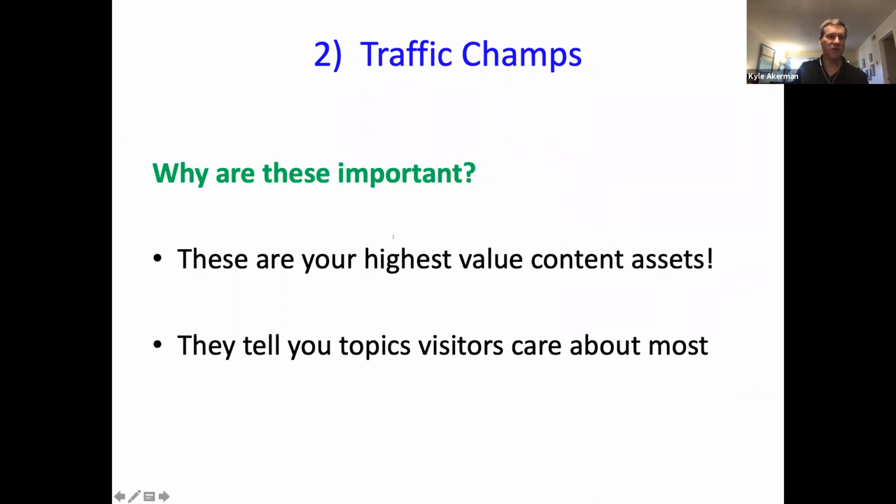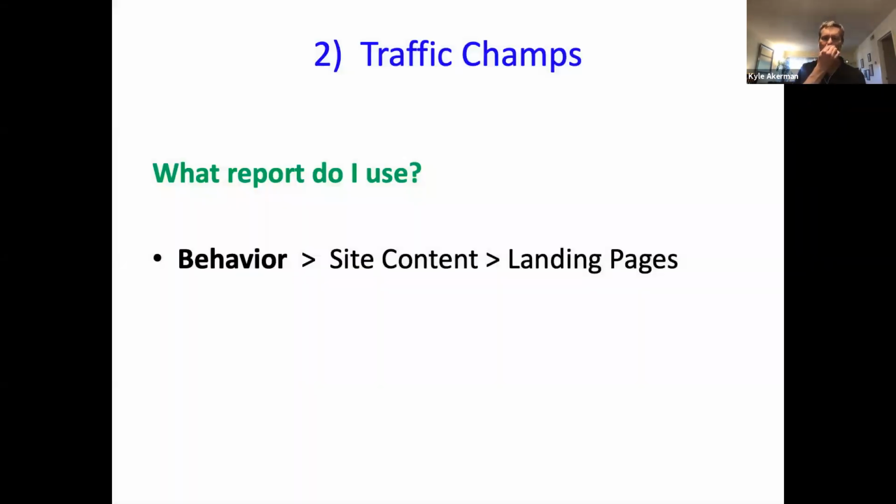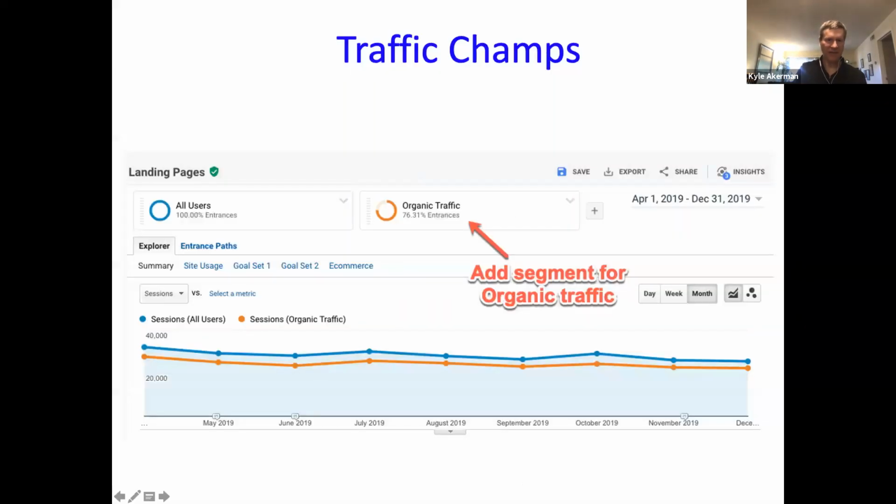So these are your highest value content assets, and they indicate to you the topics that visitors care about the most. So the report that we use for this, it's going to be the same one as we were just looking at: behavior, site content, landing page. And again, we have to add that organic traffic segment.